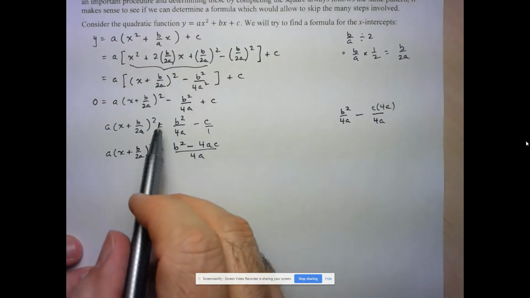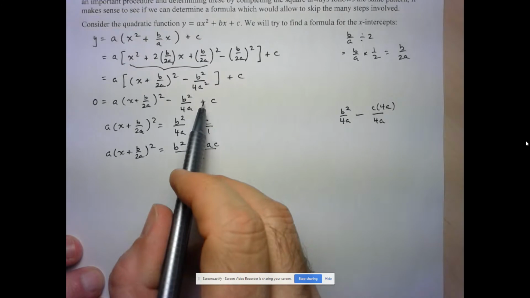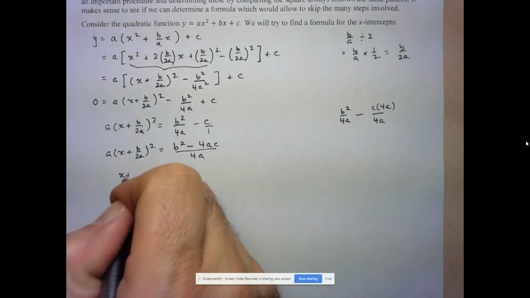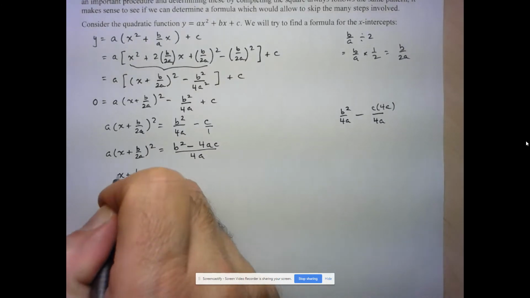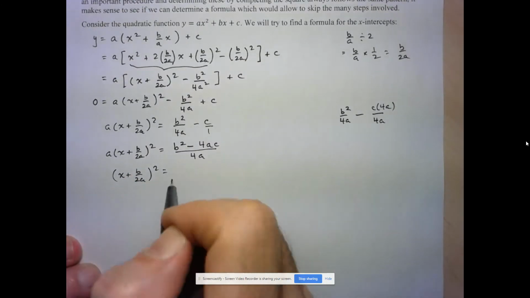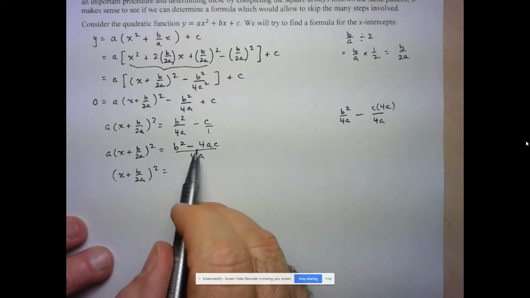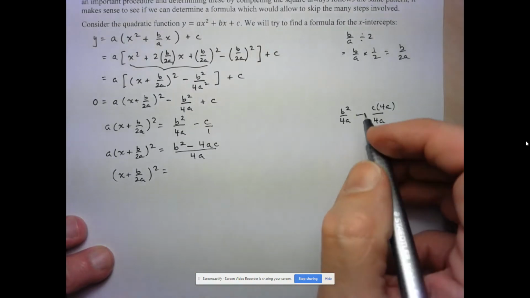So now that I first took care of the addition and subtraction, now I'm going to take care of the multiplication. Okay, so here I'm left with (x plus b over 2a) squared. And here I'm going to divide numerator and denominator by a. Remember, dividing by a is the same as multiplying by 1 over a.